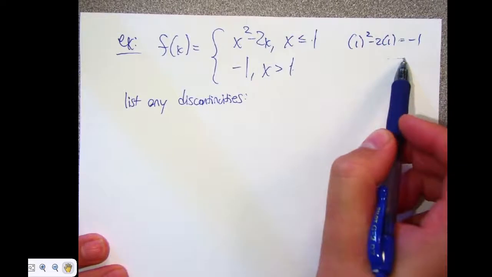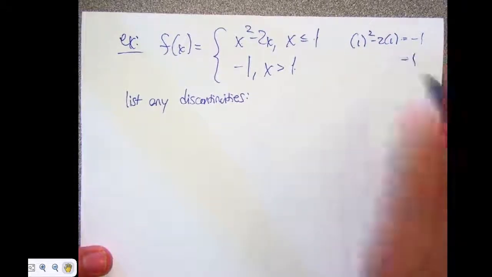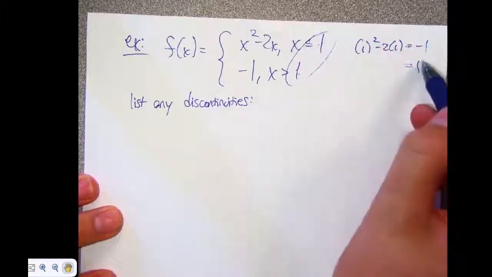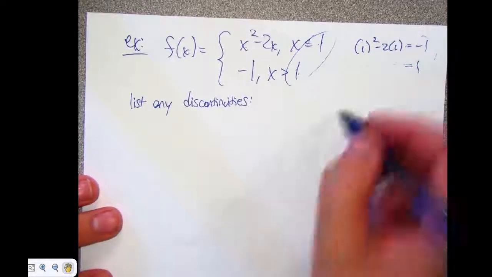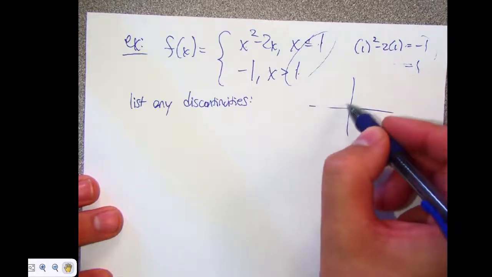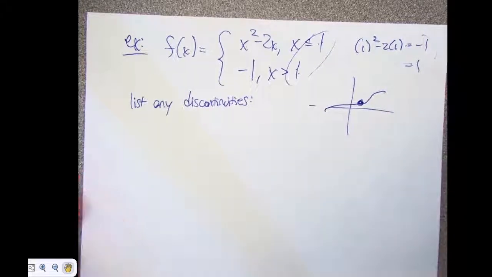If I plug 1 into the bottom, there's not even an x there. So if I plug 1 into the bottom, what do I get? -1. That means those two roads both come together at an x value of 1 and a y value of -1. So if I were to graph it, I'm not going to do the entire graph, but it's got one there and one there, and they meet, and there's a bridge there, and everything's nice and smooth.